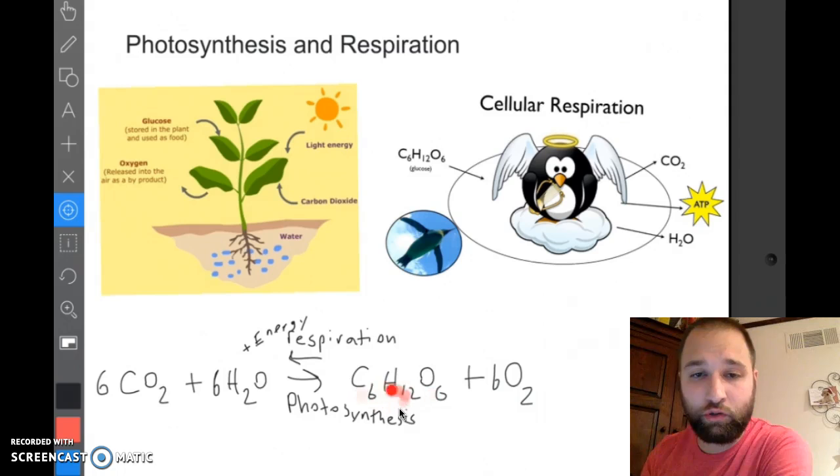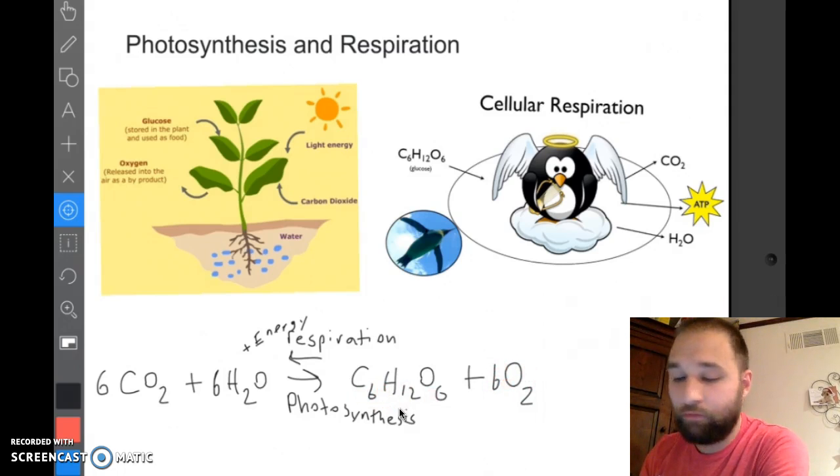We take glucose and oxygen, glucose from what we eat, oxygen from our breathing, and we get CO2 and H2O as byproducts. We breathe them out, and we get energy in the form of ATP. In this direction, it's photosynthesis. In this direction, it's respiration.